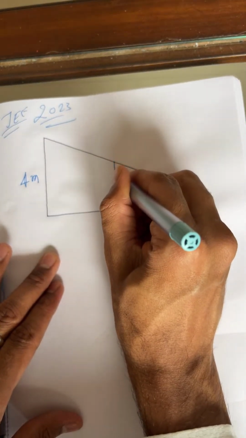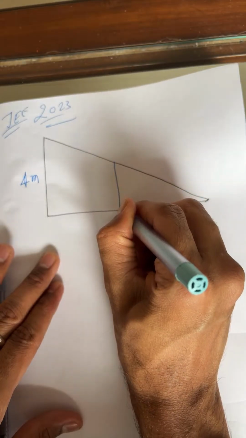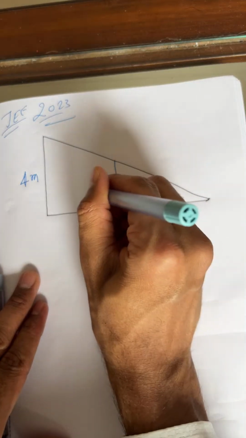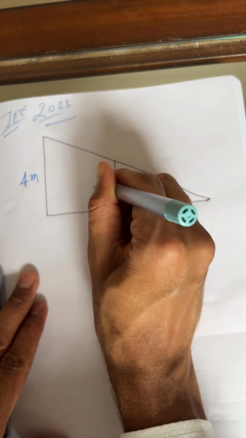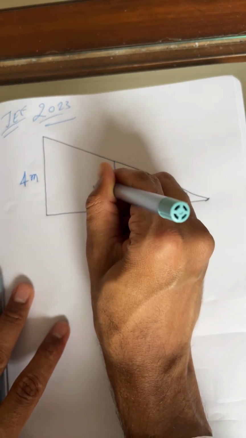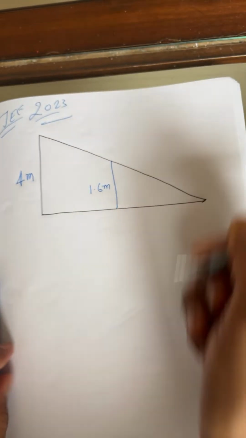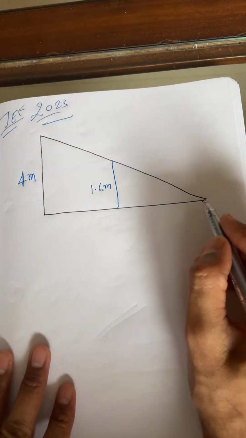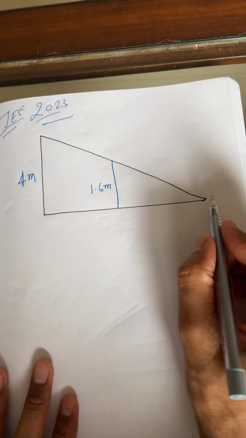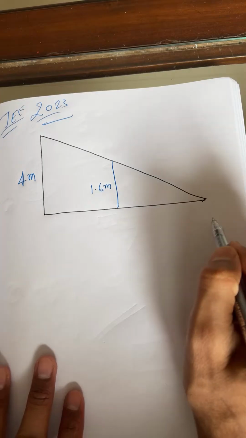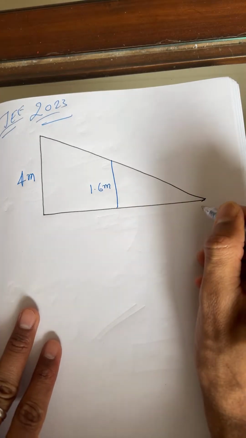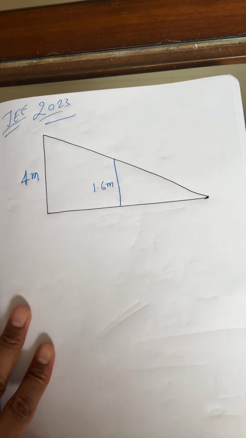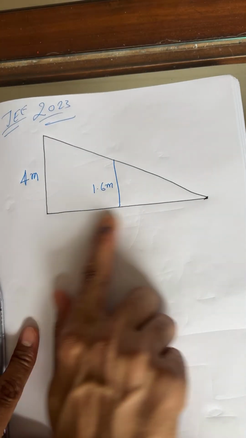Another one, this is the height of the man, 1.6 meter. So we have to find the tip of the person's shadow on the ground with respect to the person in centimeter per second. It's an integer type question. We don't know what this value and this value are.